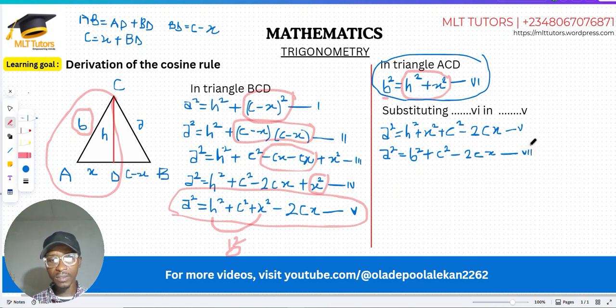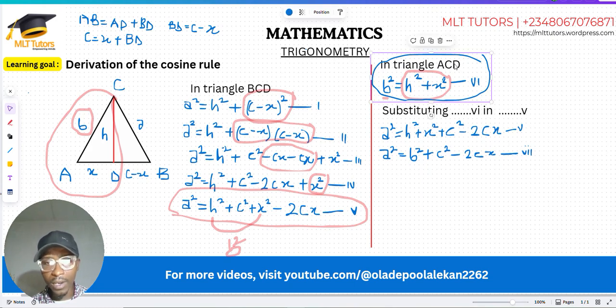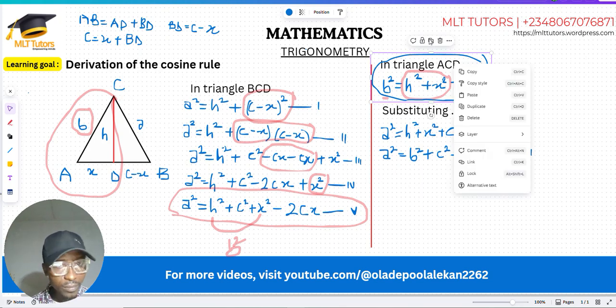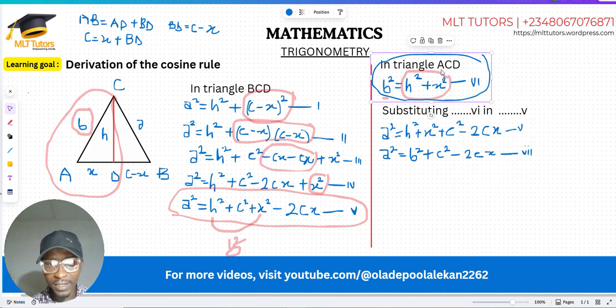Okay, so what can we do with equation 7? We have to substitute for x. In doing that, we go back again to triangle ACD.